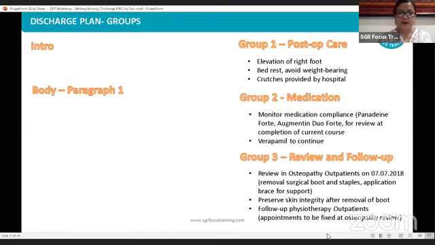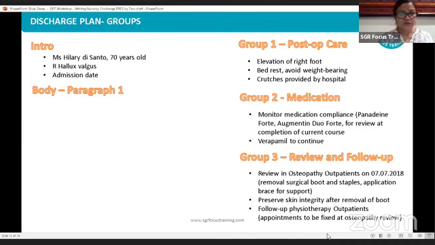Again, on the right-hand side of your screen, you will still be seeing the groupings that we did earlier under the discharge plan. We're now going to try to complete the information for our introduction and our body paragraph.